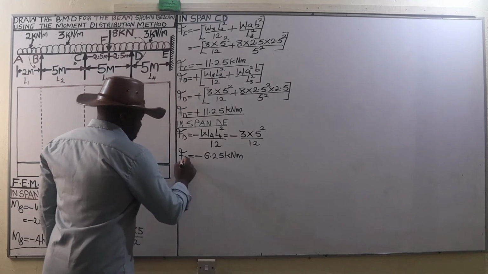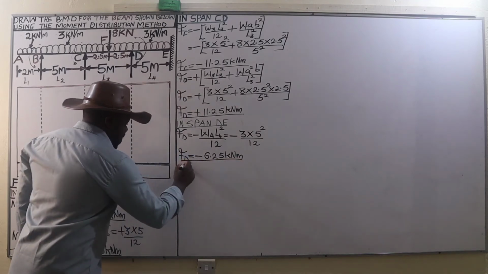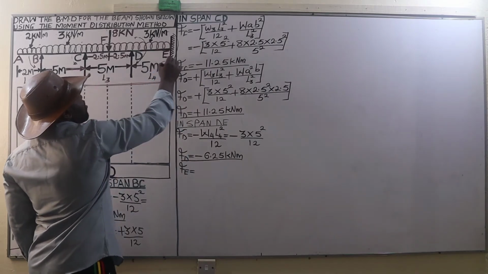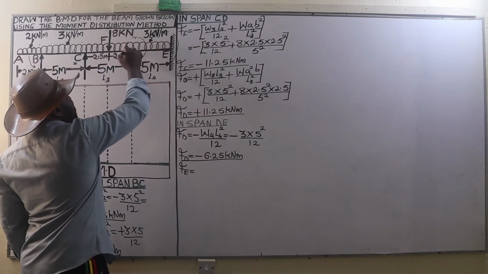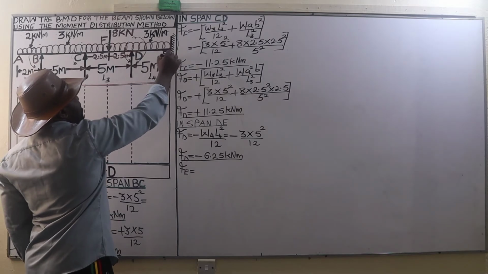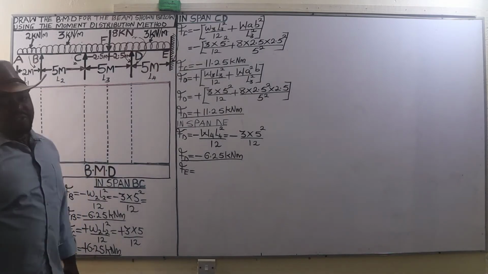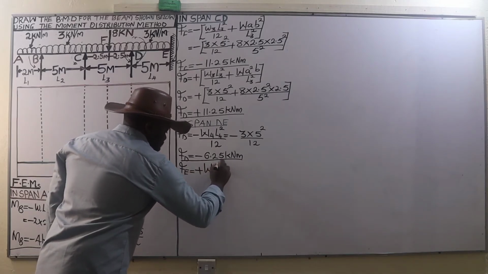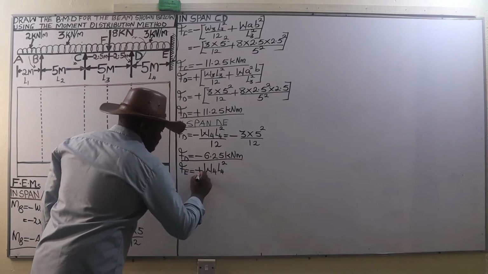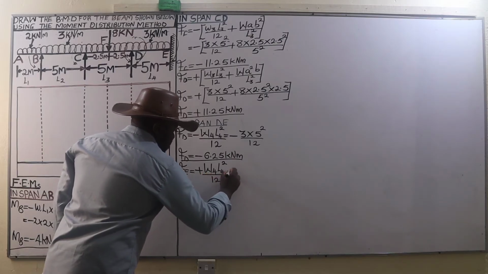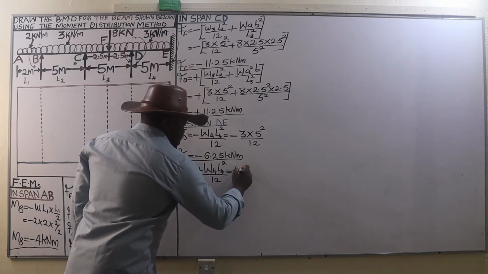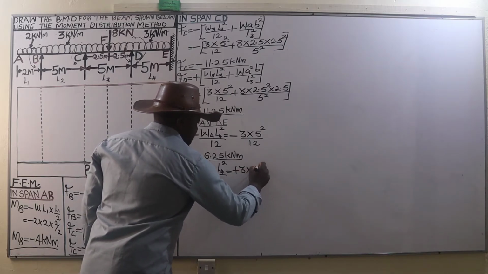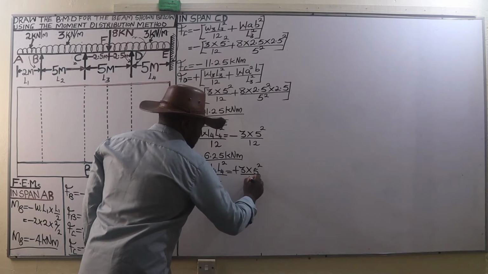kilonewton meters. Then we go to the fixed end moment at E. It is going to be clockwise. This negative is because the fixed end moment there is anti-clockwise. So at E, the fixed end moment is going to be clockwise, and therefore positive W4 L4 squared, divide this by 12, which will be positive W, 3 kilonewtons per meter, L4, that is 5 squared, and then we divide that by 12.